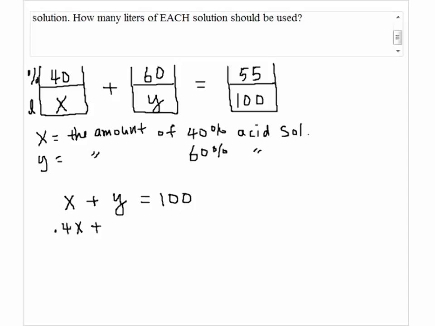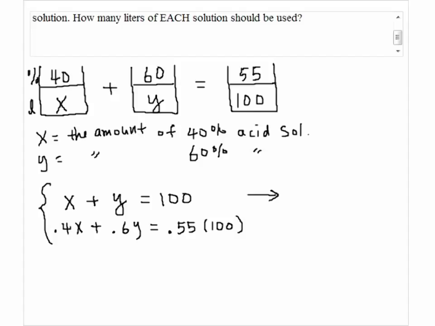And we add the amount to the amount of pure acid in 60% solution, which is given by 0.6y. That will give us 0.55 times 100, which is the amount of pure acid in the mixture. Here we have a system of linear equations with two variables. So we are going to solve the system.